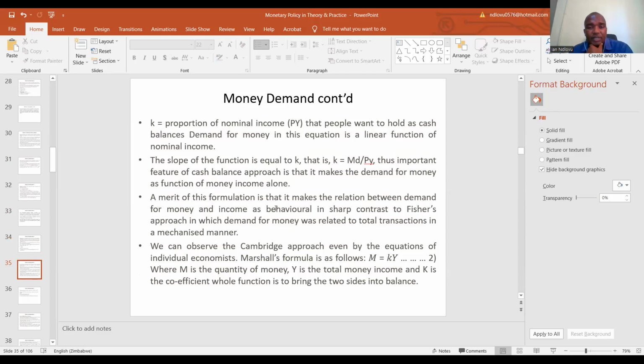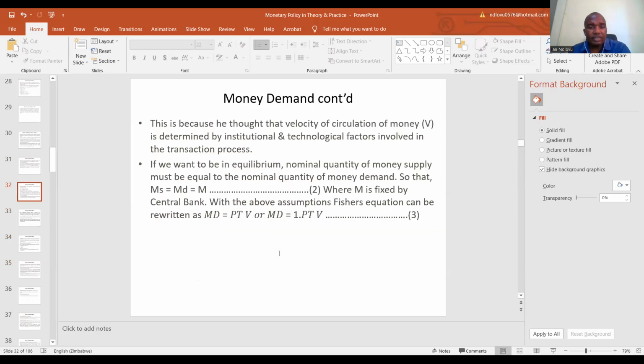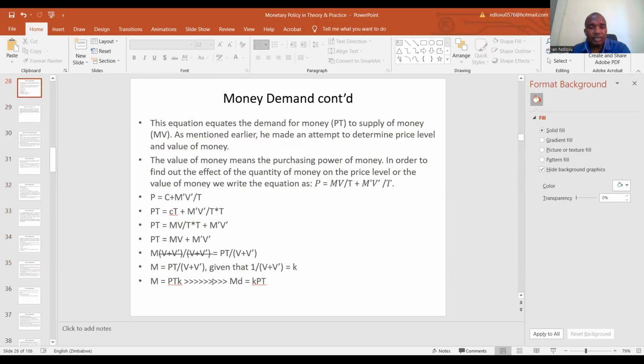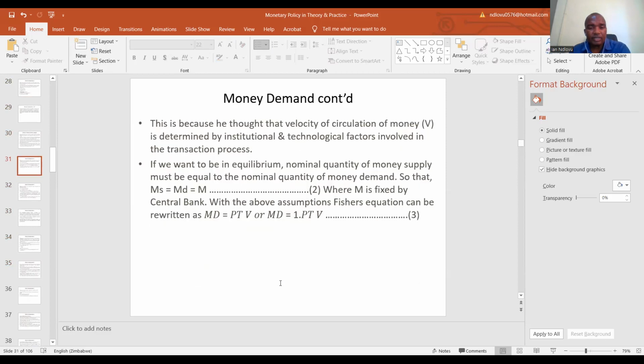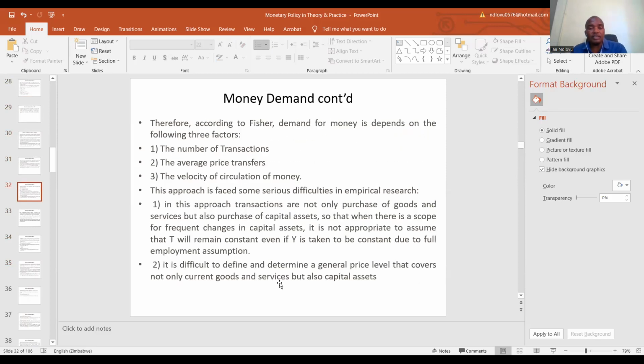The merit of this formulation is that it makes the relationship between the demand for money and income behavioral, in sharp contrast to the Fisher formulation. So what we observe with the Cambridge school or approach is that instead of just assuming that money demand is a function of the general price level, money demand is related to nominal national income.